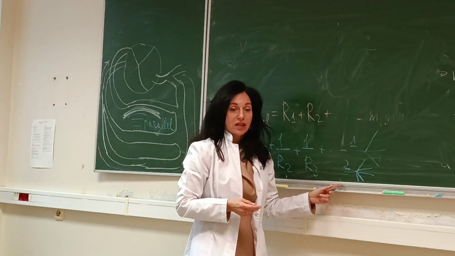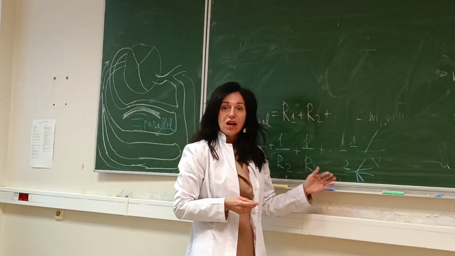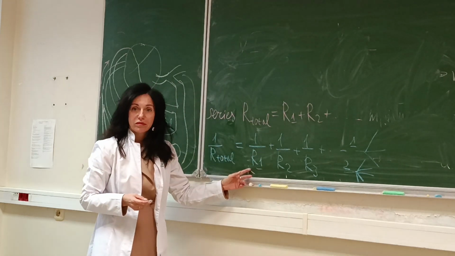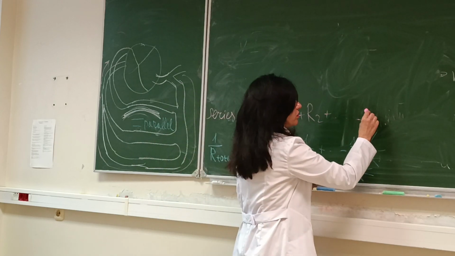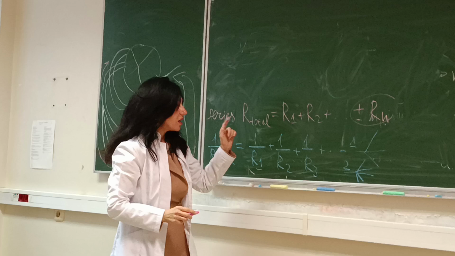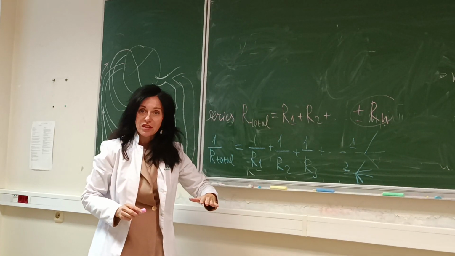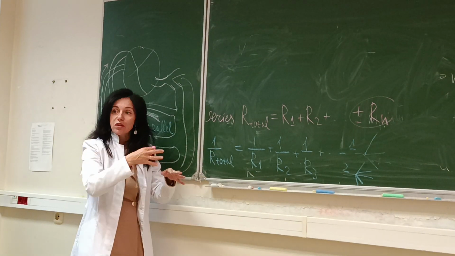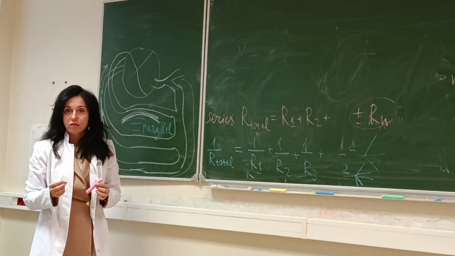The second case doesn't increase the total resistance of this bed. On the opposite, it decreases in accordance with this equation. Here, for example, plus one another component increases the total. Yes, it's an increase. Here, increase of numbers decreases resistance, if you transform this equation.